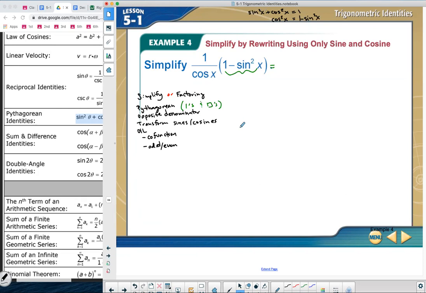I just subtract the sine squared across. And so that's what I'm substituting right here: 1 over cosine times, and here we write sine squared.